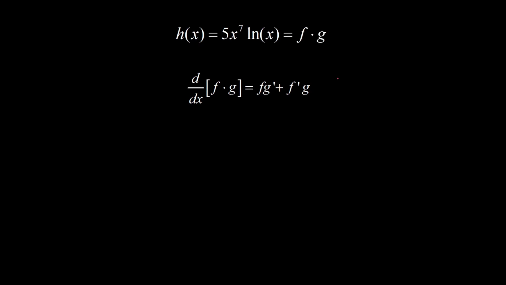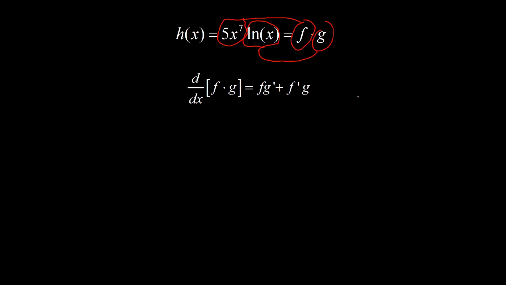So we'll identify what we're dealing with here. We're saying this function h is a product of two functions being multiplied together. And so we'll take f to be the power function and g to be the log function.